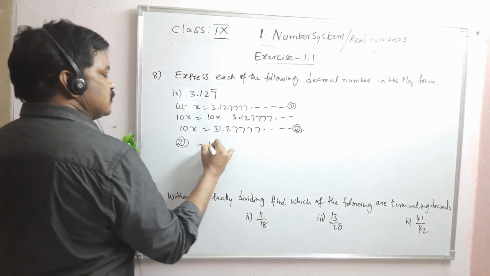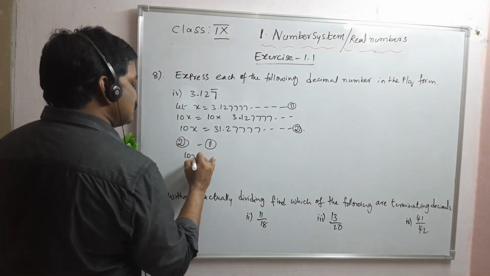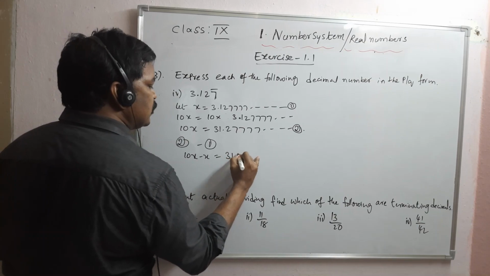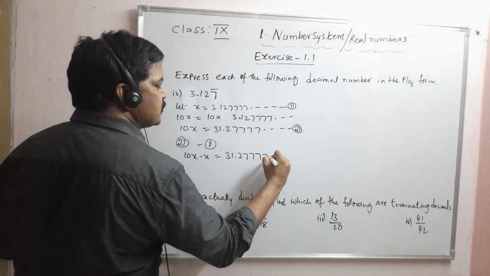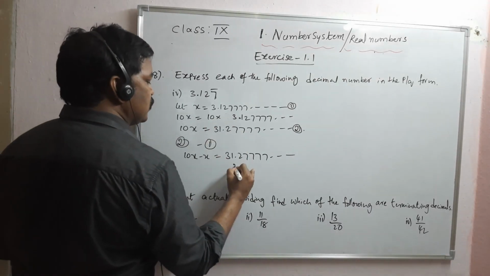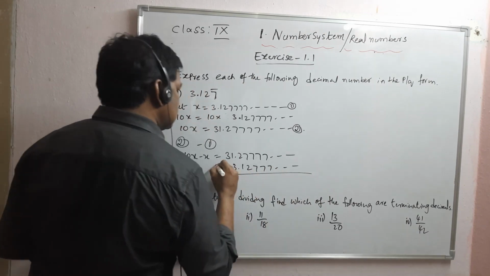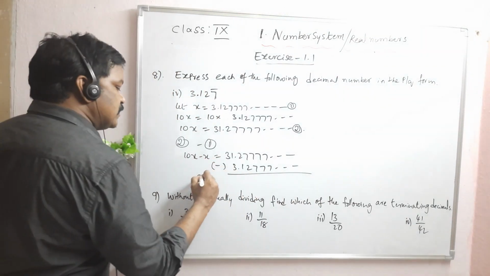Now let us subtract 1 from 2. That means 10x minus x is equal to 31.2777 and so on minus x, which is 3.12777 and so on. Subtract. So 10x minus x is 9x.